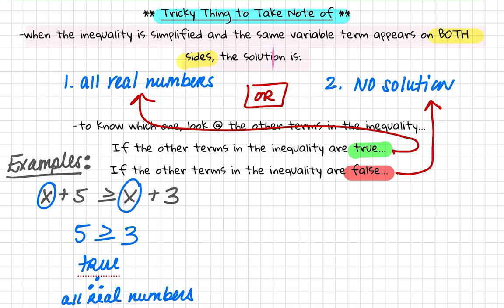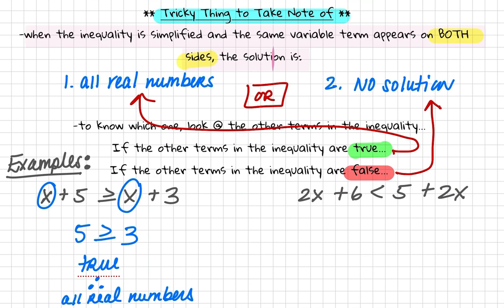Now let's do another example where it's 2x plus 6 is less than 5 plus 2x. Again, we're going to try to train our eyes to catch that 2x is on both sides. It's not like it's 50x on one side and 2x. It's 2x. So when I try to isolate and bring the other one over, it's going to cancel it out.